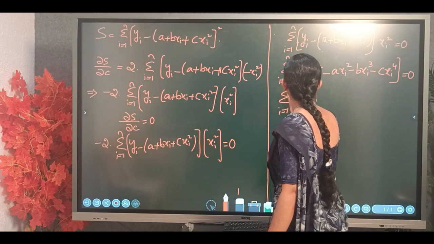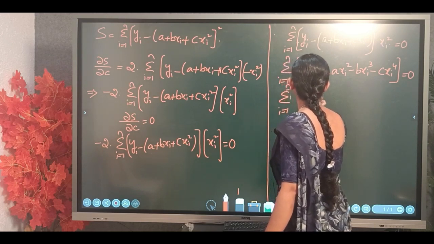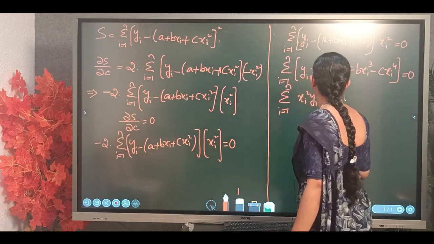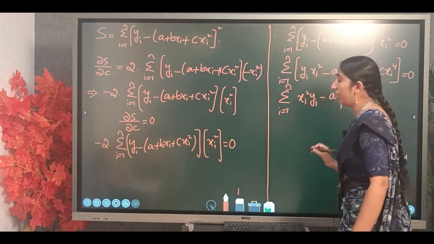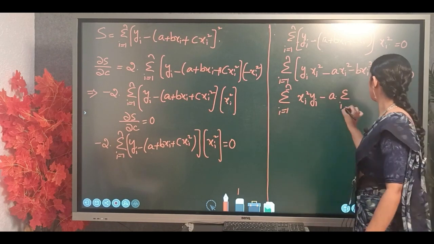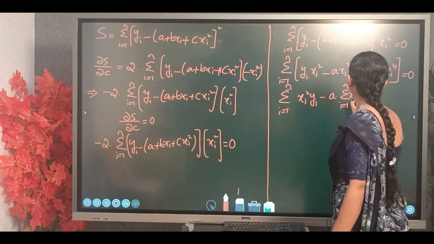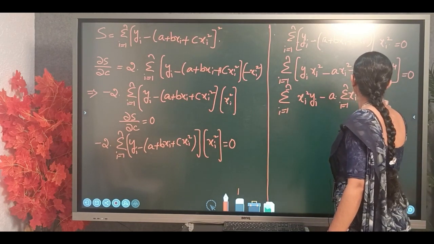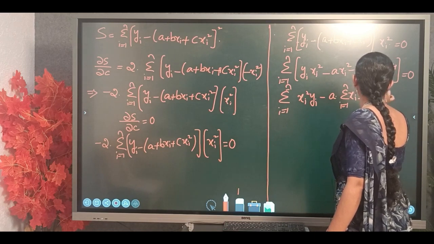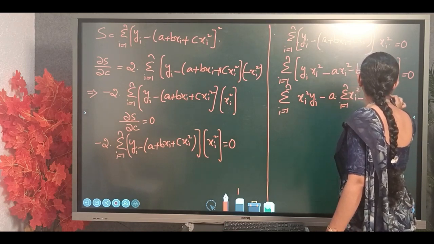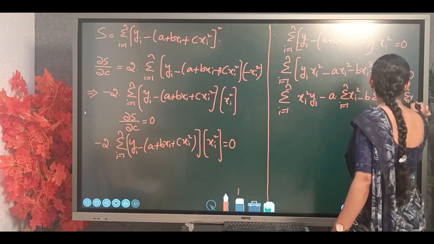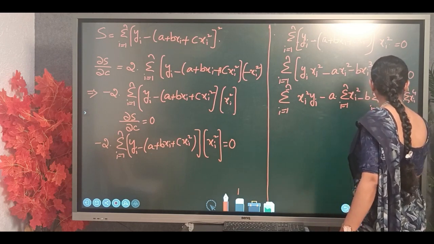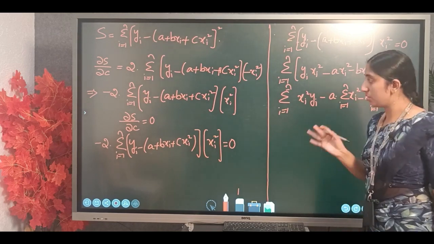Summation i = 1 to n xi² yi. Here minus a is a constant, that's why we write it in front: summation i = 1 to n xi², minus b into summation i = 1 to n xi³, minus c into summation i = 1 to n xi⁴ is equal to 0.